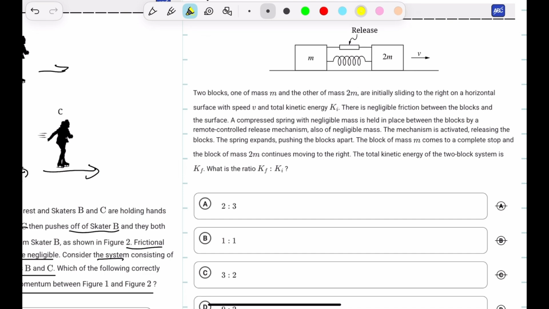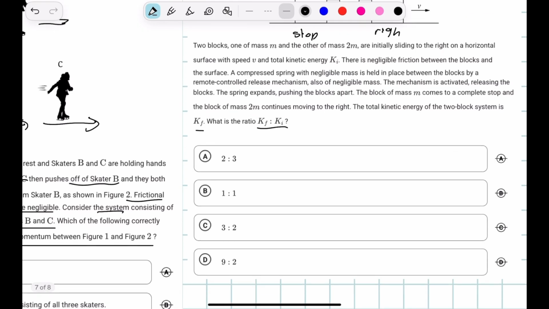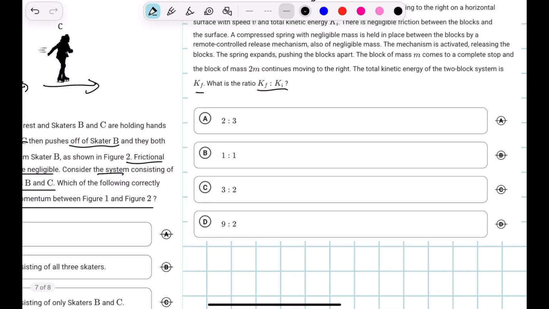The spring expands, pushing the blocks apart. The block of mass m comes to a complete stop, and the block of mass 2m continues to the right. The total kinetic energy is k f. What's the ratio of k f to k initial? So what we need to do is find the initial kinetic energy.